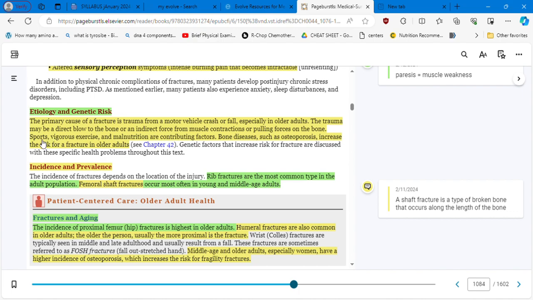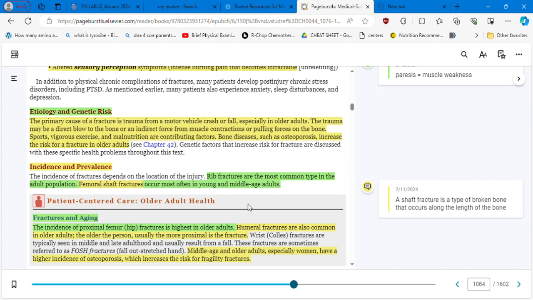So we have sports, vigorous exercise, and malnutrition are contributing factors. Bone diseases such as osteoporosis increase the risk for a fracture in older adults. And by definition, osteoporosis starts at minus 2.5 on your DEXA, right? Between minus 1.5 and minus 2.5 is considered osteopenia.